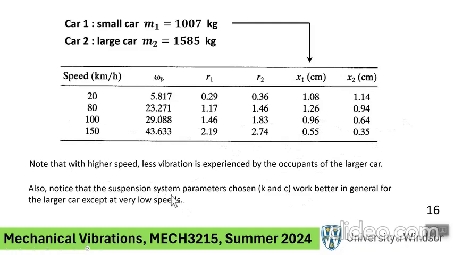And the suspension system parameters chosen, K and C, work better in general for the larger car, except at low speed. At low speeds, those suspension values work, but not as well as for the higher speeds.